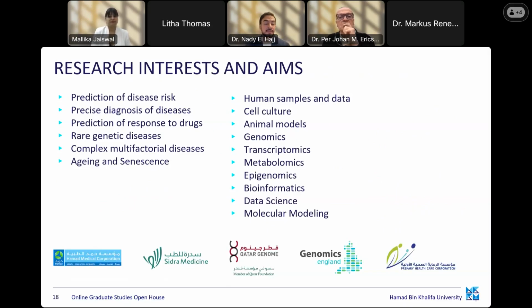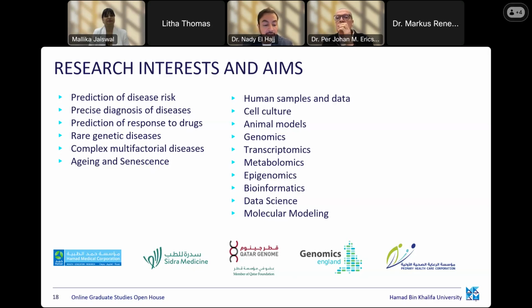So as I already explained, the research interests and aims of the program are around prediction of disease risk, precise diagnosis of diseases, prediction of response to drugs. We focus also on rare genetic diseases, on aging and senescence, and we use different animal models, cell culture, and we mainly focus also on bioinformatics analysis of data sets from the Qatar Genome Project or from Genomics England.